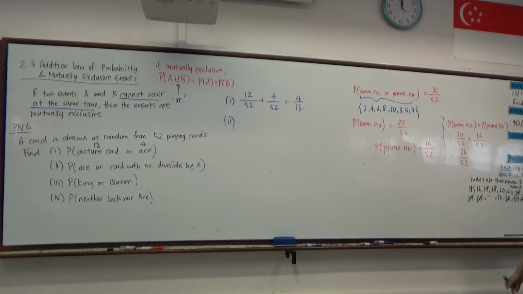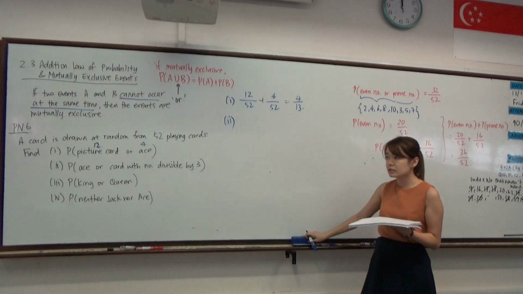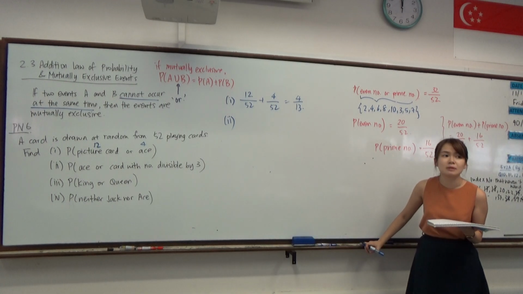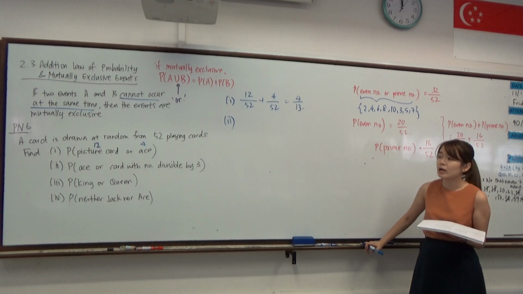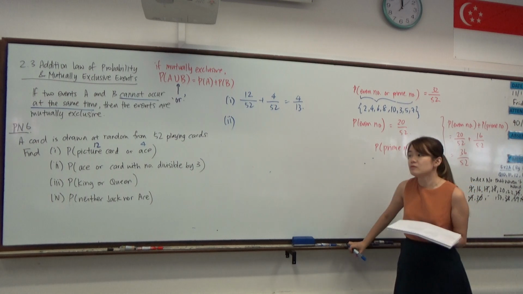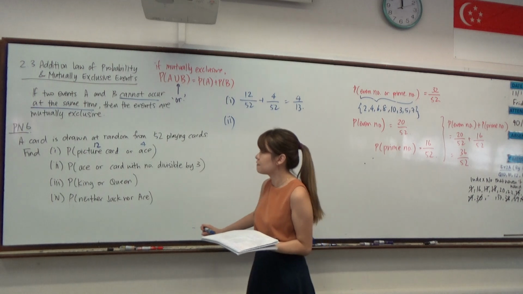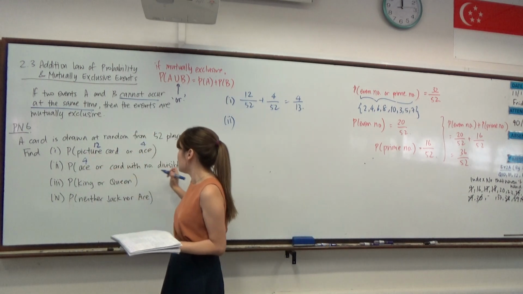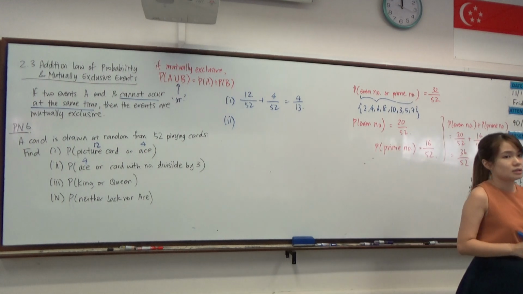Okay? Then part 2, the probability of choosing a card that is either an ace or a card that has number divisible by 3. Are they mutually exclusive events? Yes. They are, right? Okay. Ace is considered a 1, 1 is not divisible by 3, so they are mutually exclusive. So therefore, we have 4 ace. How many cards have numbers that can be divided by 3? 3, 6, 9.